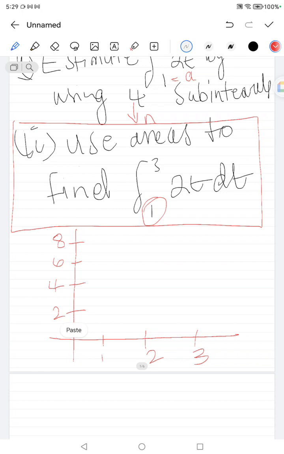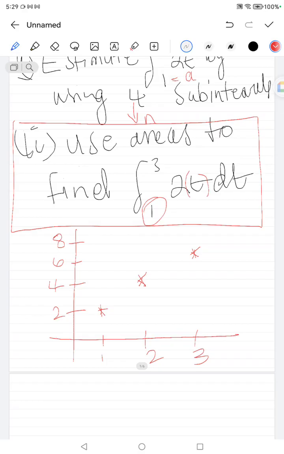But if we input 1 into this t, we get our first point this side. If we input 2, we get a 2. If we input 3, we get a 6.